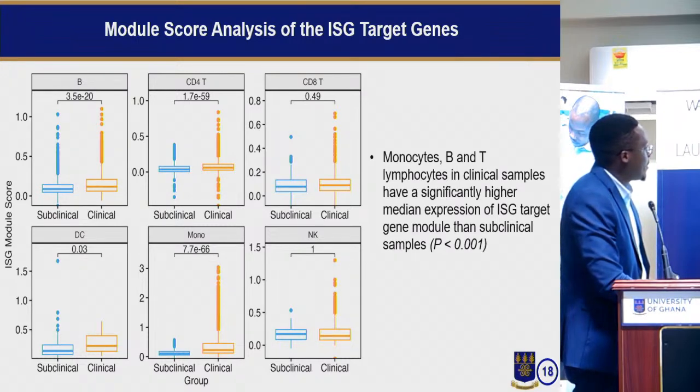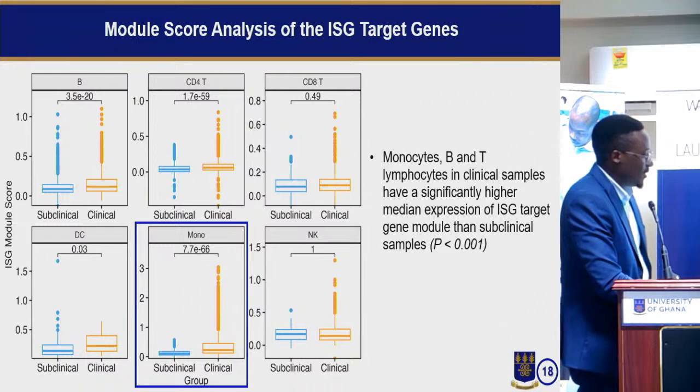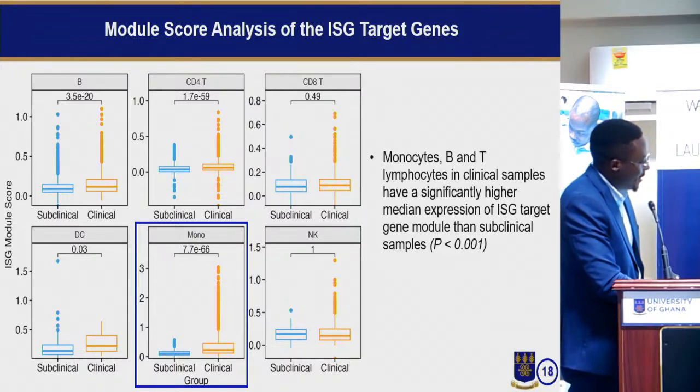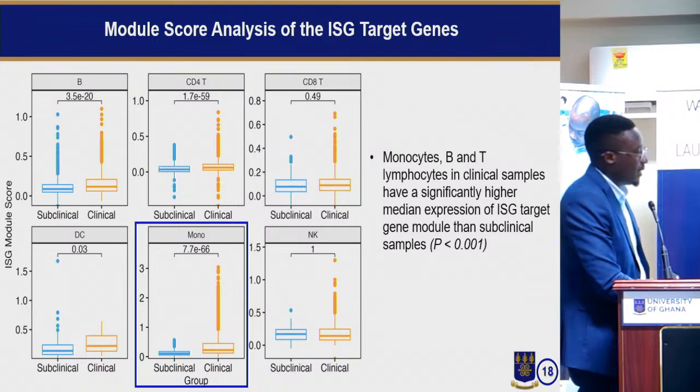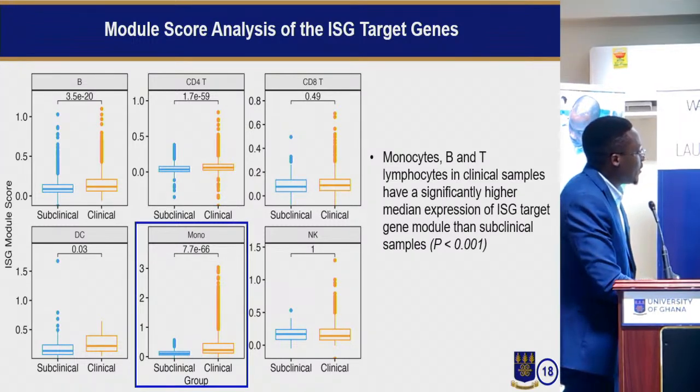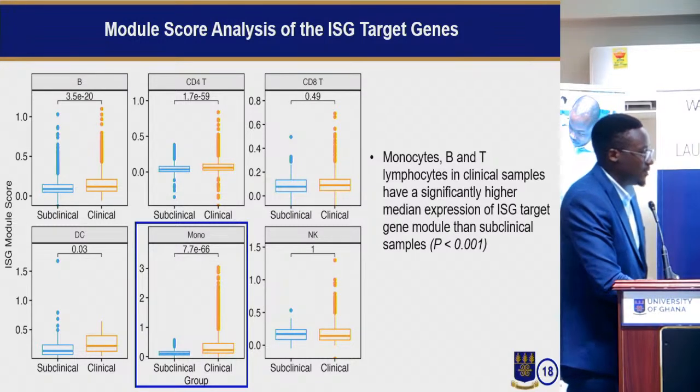You can see that the p-value for, for example, the monocytes is significantly different, and the module score generally is significantly higher for clinical malaria infections compared to the subclinical infections.